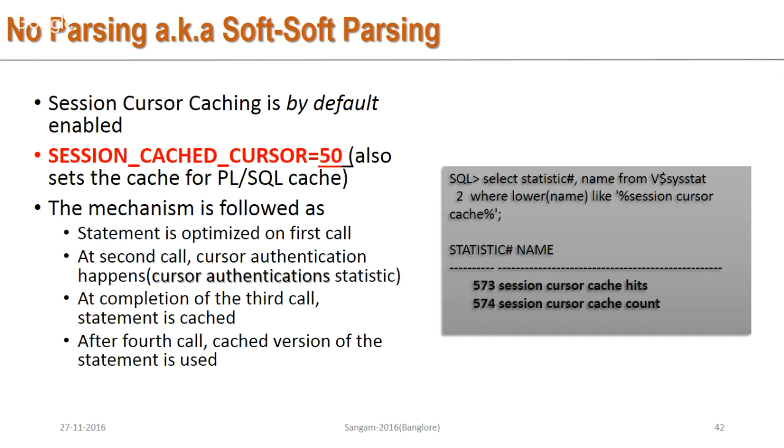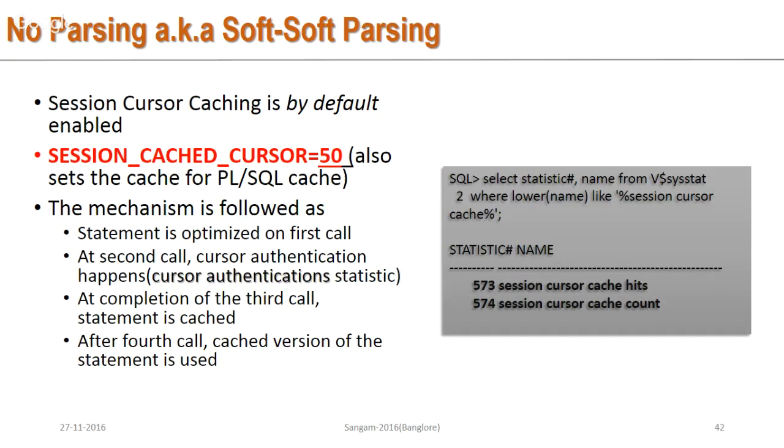So the idea basically is that Oracle is going to optimize the cursor for the first call. At the second call, they will actually do the authentication, and check a statistic called cursor authentications. That basically means that the particular cursor is marked as going to be a part of this soft parsing in the second call itself.